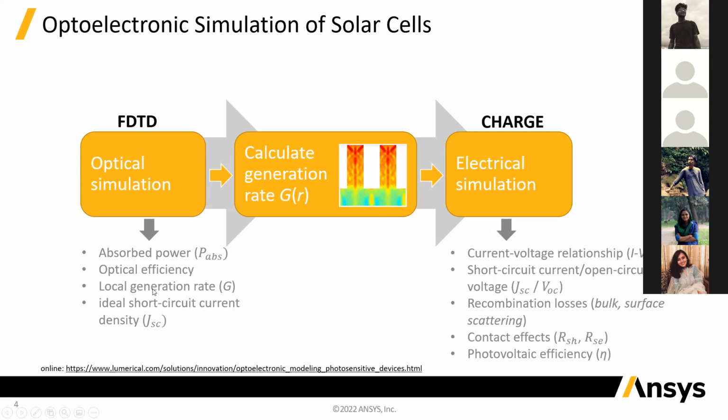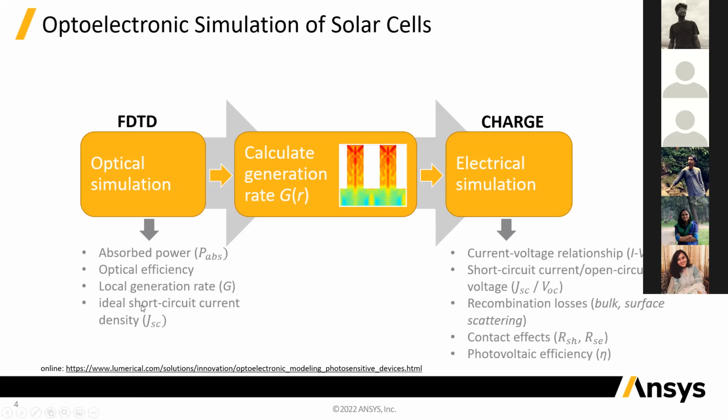The FDTD simulation will also give you the generation rate, which is how much of the incident sunlight is getting converted into electron hole pairs. And then you also get a parameter called the ideal short circuit current density. If you're doing only the optical simulation, then you don't know anything about the electrical losses.